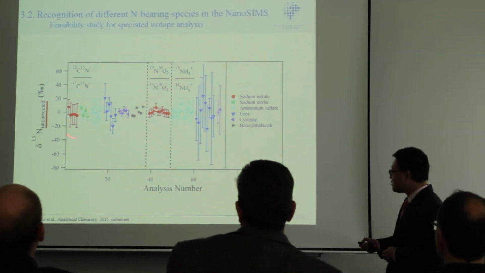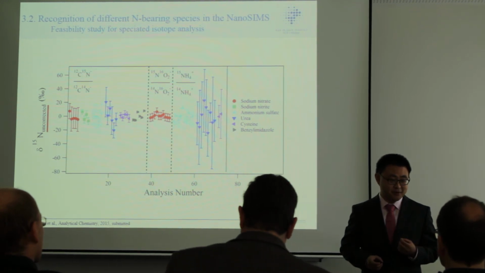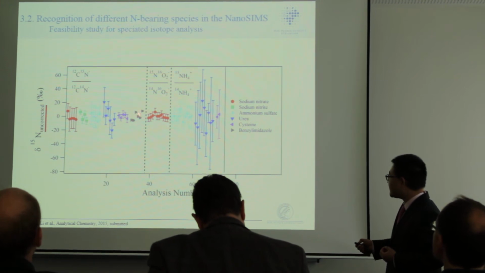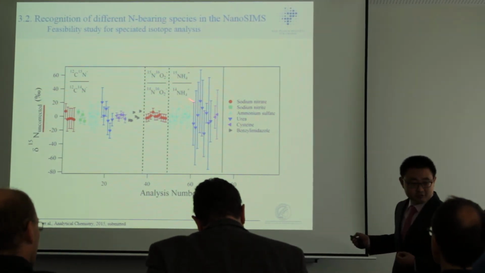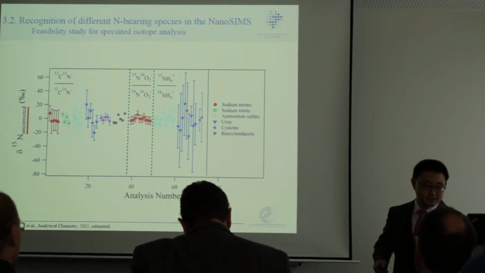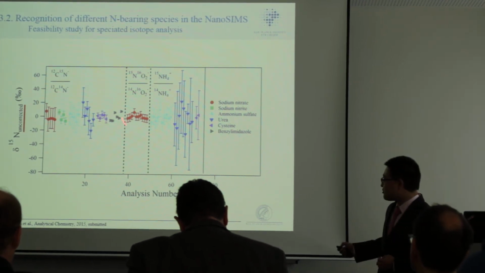The error mostly depends on how many counts we got from this sample, the counting statistics. For example, for this NO2 minus, and especially the C minus in this benzimidazole, which I showed in the last slides, these have really high signal. So we can get 1 million counts. Okay. So the error is very small.